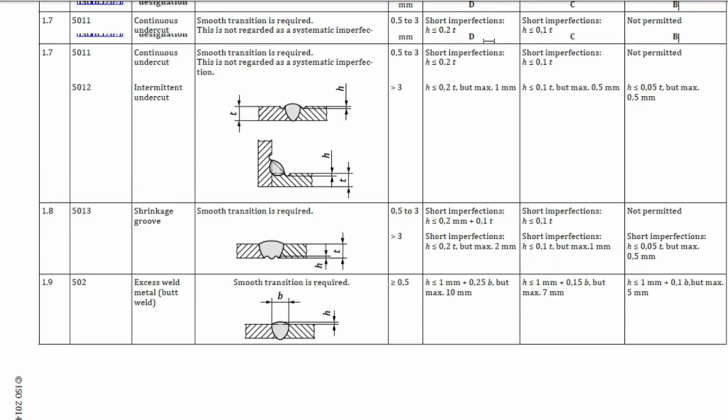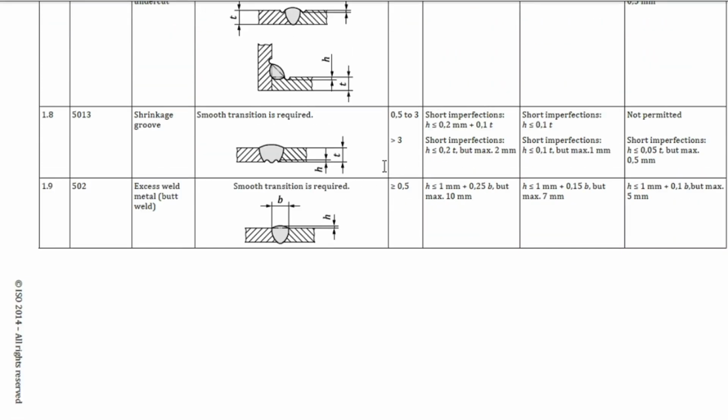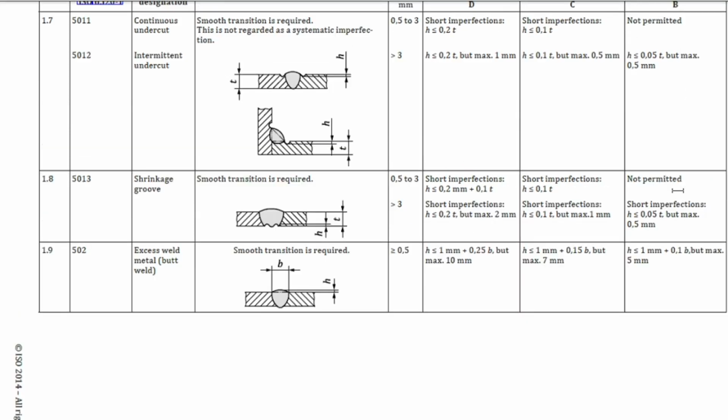If thickness is greater than 3 mm, then for quality level B the short imperfection is less than or equal to 0.05 t but maximum 0.5 mm. For quality level C, short imperfection height less than or equal to 0.1 t but maximum 1 mm. For quality level D, short imperfection height less than or equal to 0.2 t but maximum is 2 mm.